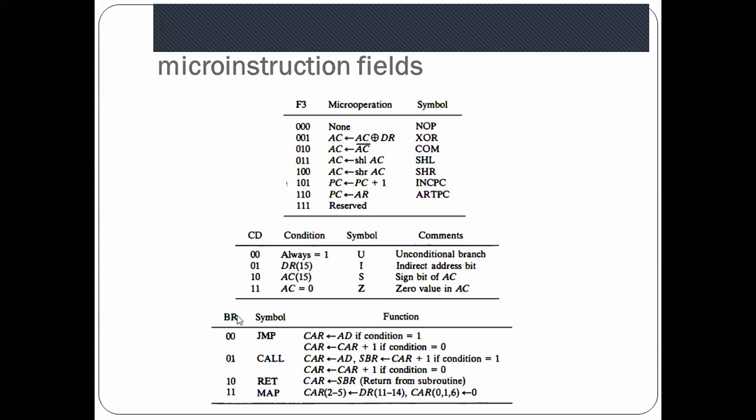BR, as I mentioned, is the branch field. This specifies what type of branch it is. 0, 0 means it is a jump instruction. Jump means you are permanently jumping to another subroutine.